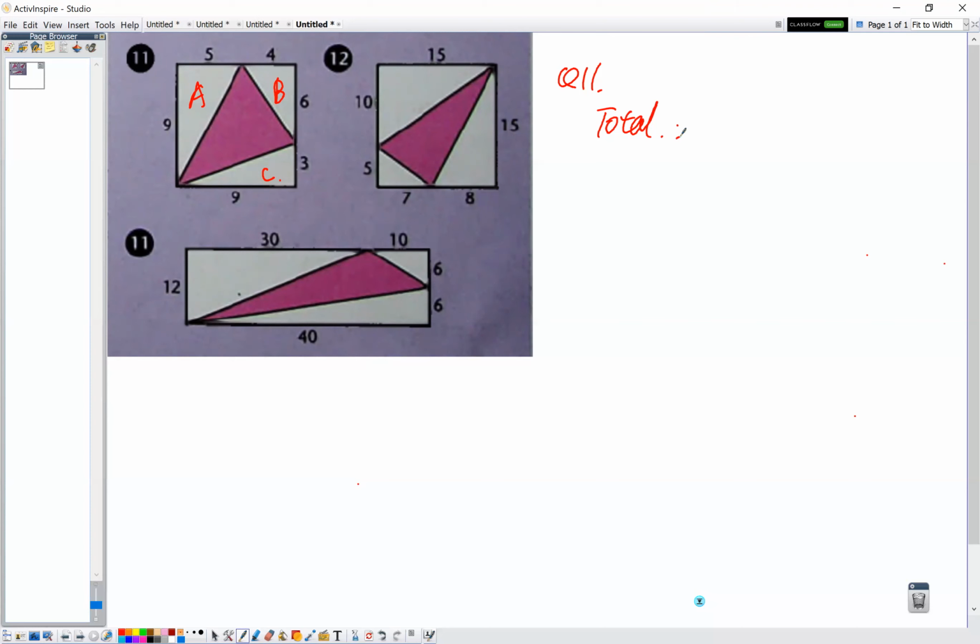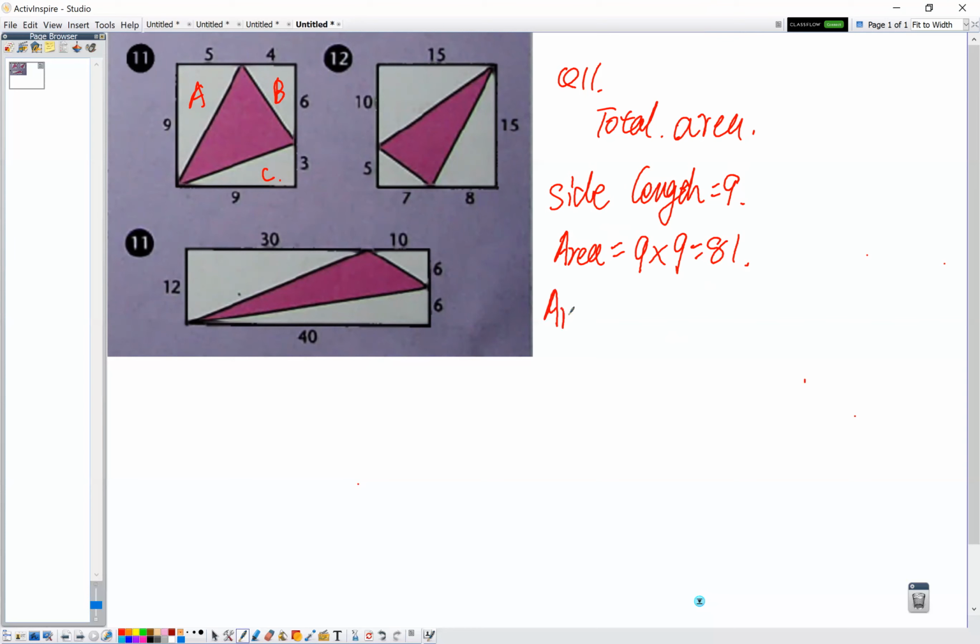This is 5 plus 4. The side length becomes 9. Side length is 9, so you can find the area. It becomes 9 times by 9. It becomes 81.